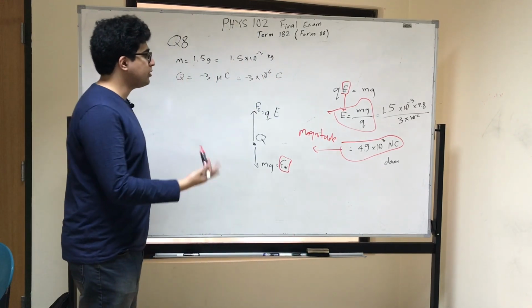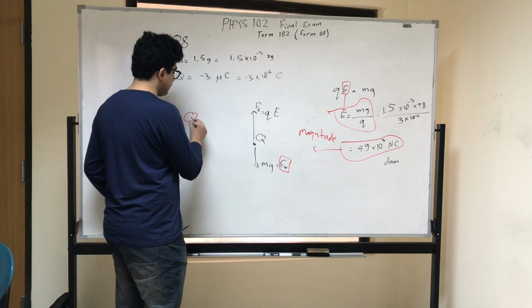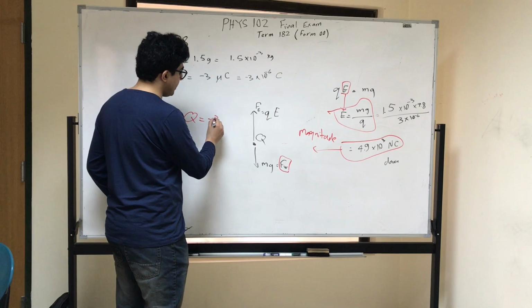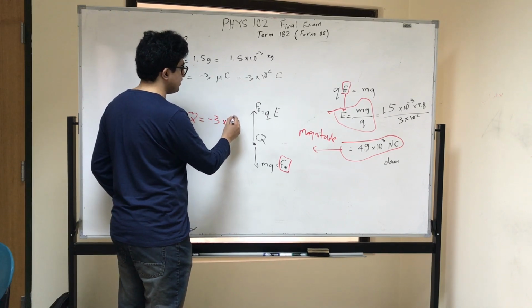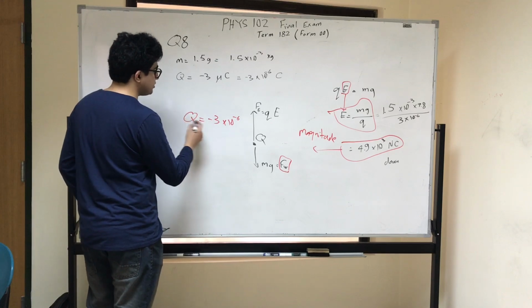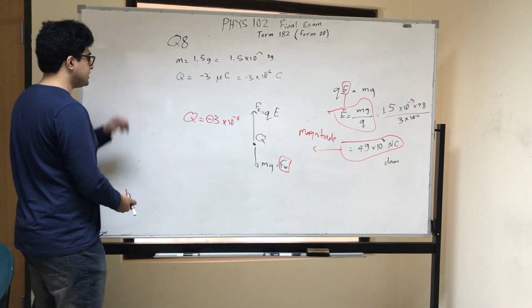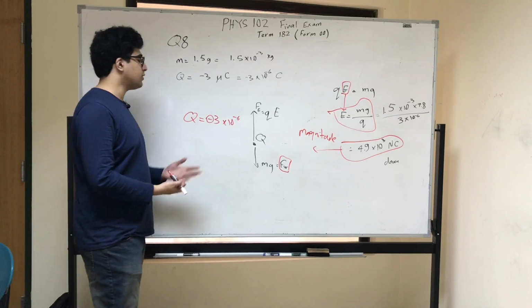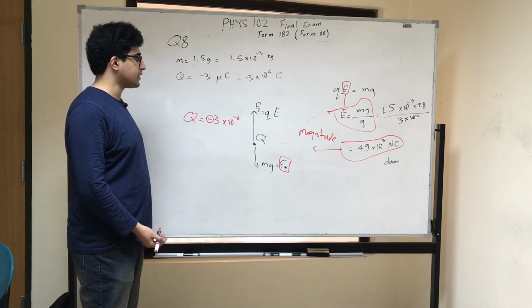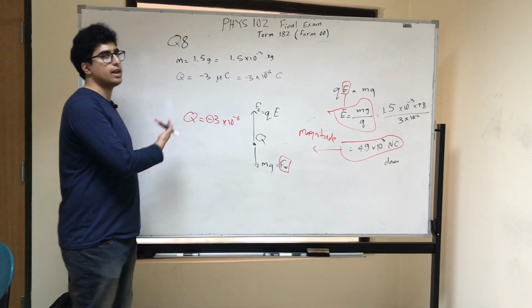And how do I know the direction? If you know that the charge here is equal to minus 3 times 10 to the minus 6, we know that the charge is negative. If the charge is negative, that means the electric force is going to be opposite to the electric field.